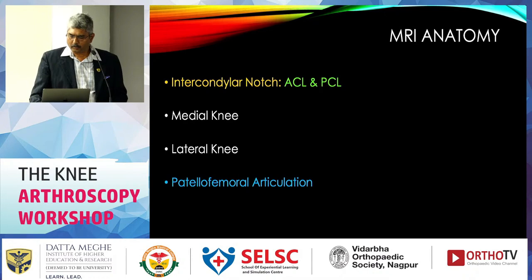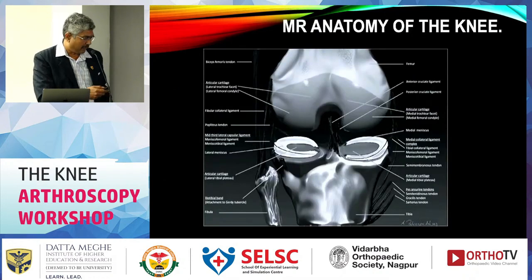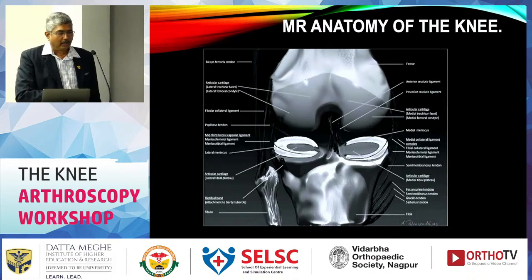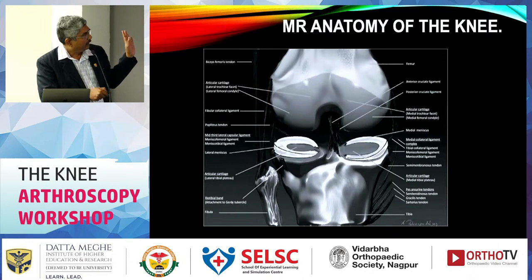Before that, one coronal view, just to show you the different parts. As one can see here, is the intercondylar part, where you can see 2 ligaments, that is ACL and PCL. Looking here, fibula, this one is the lateral part. On the lateral part, most important things you are seeing are 2 muscles.